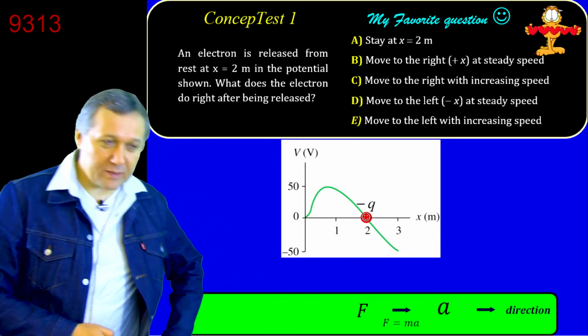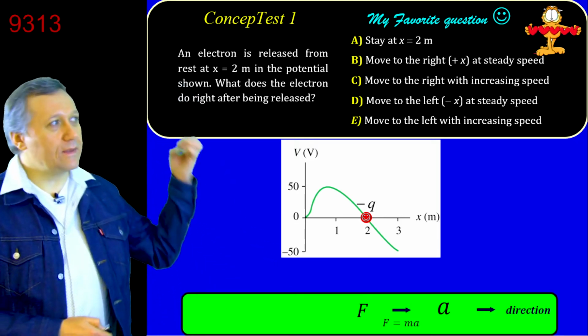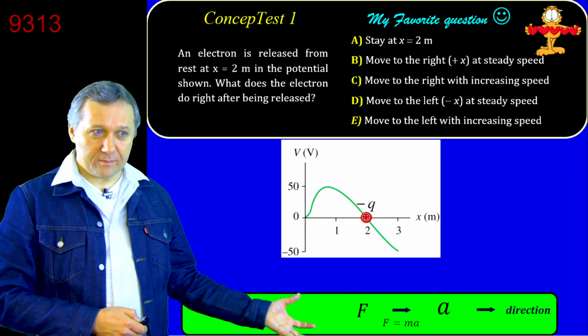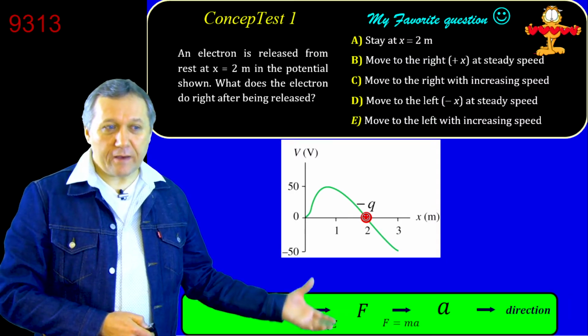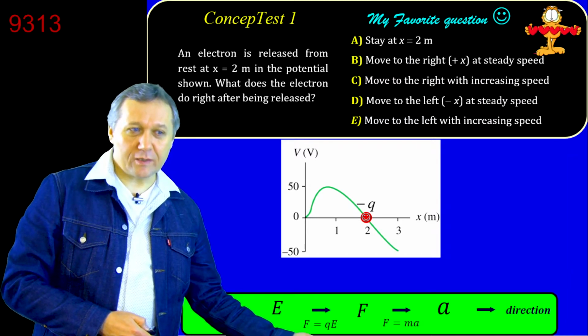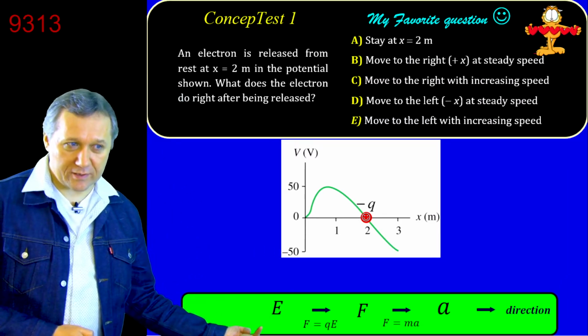Okay, so the step before this: what do we need to know in order to get the electric force? Electric field, right? You remember that formula, F equals Q times E. So in order to get information about the electric force, we need to get information about the electric field.